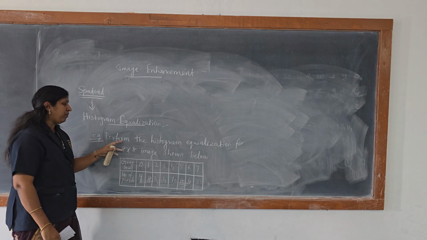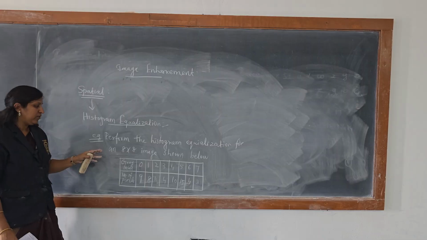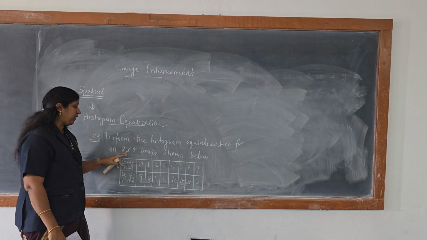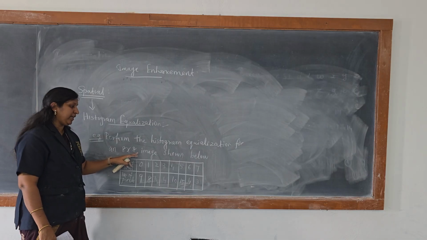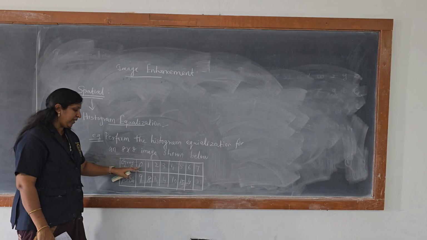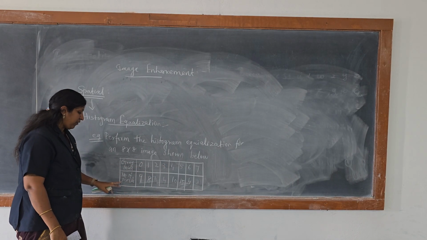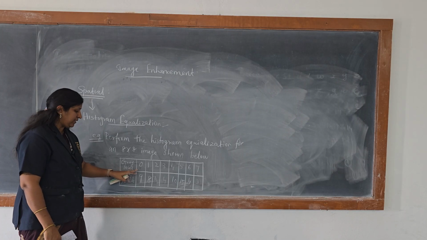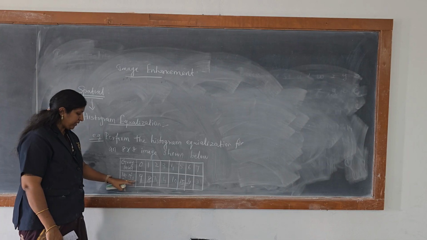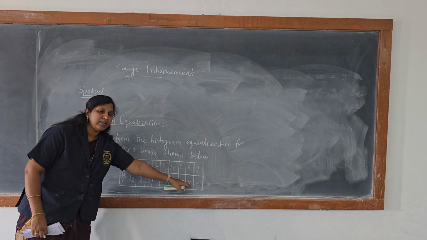So we are going to perform the histogram equalization for the given data. The problem statement mentions it's an 8x8 image, so these are the intensity values in the 8x8 image, ranging from 0 to 7. The number of occurrences of each intensity value is given in the table: 9, 8, 11, 4, 10, 15, 4, 3.